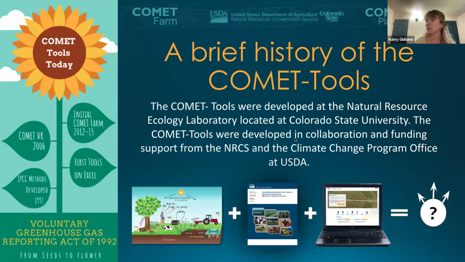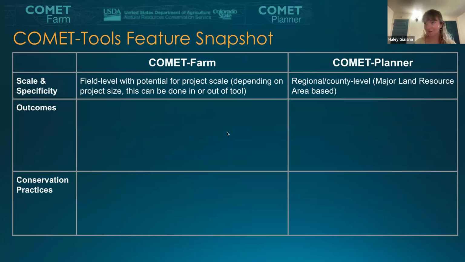Let's look at a feature snapshot. So some key features for both COMET Farm and COMET Planner. With COMET Farm, users are able to create a project. They're able to create a lot of projects. It's basically unlimited. I've only met one person who's met that 500 project limit.